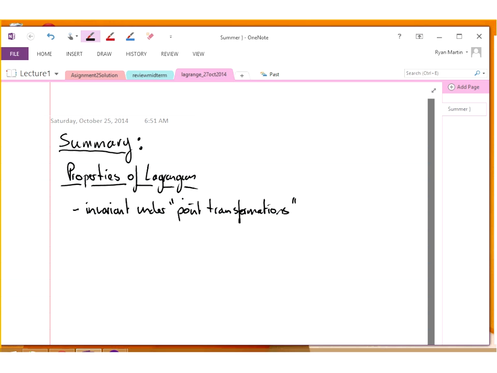We also saw that if you have two different systems given by two different Lagrangians, let's call them LA and LB, then the Lagrangian describing the total system is given simply by the addition of the two Lagrangians.